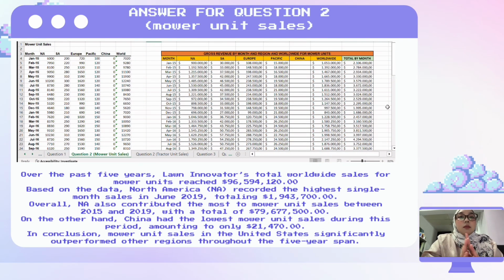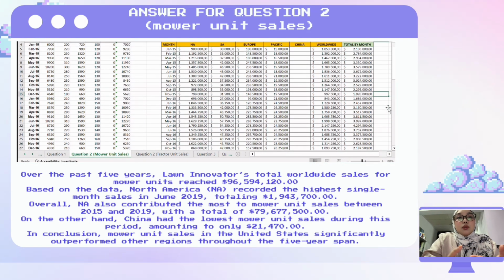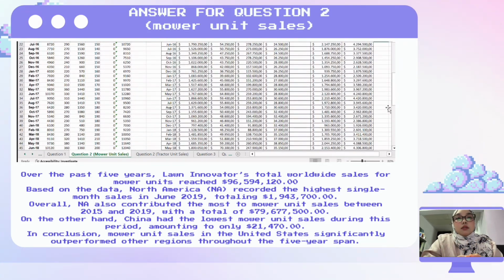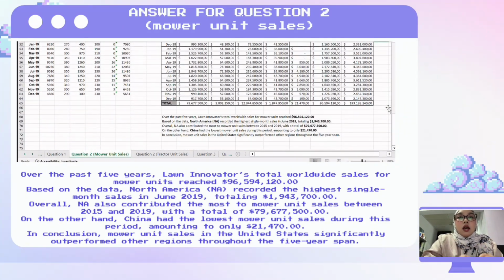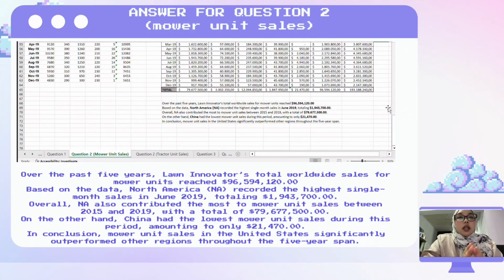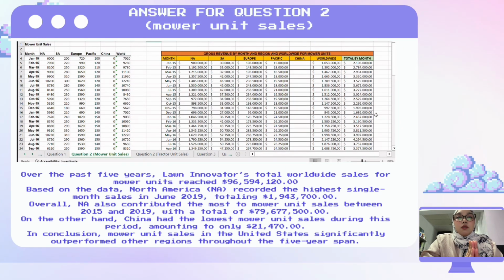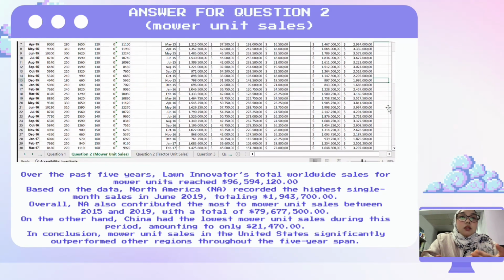Overall, North America also contributed the most to mower unit sales between 2015 and 2019, with a total of 79,677,500 USD. On the other hand, China had the lowest mower unit sales during this period, amounting to only 21,470. In conclusion, mower unit sales in the United States significantly outperformed other regions throughout the 5-year span.